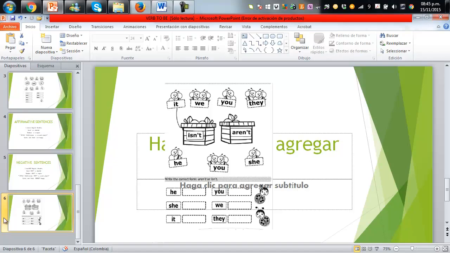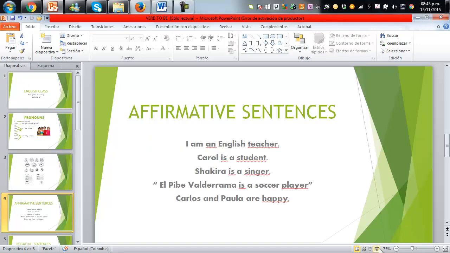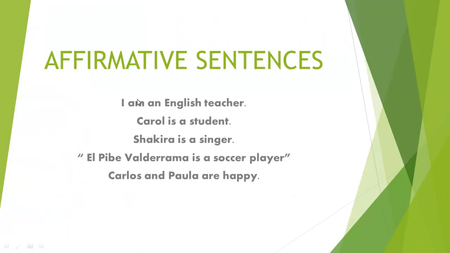Now, we're going to get again to the first example of affirmative. Okay? So, just to recall, verb to be is am, are, or is. We have been working in affirmative and negative form. In the affirmative form, I use the pronoun, the verb to be, and a complement.